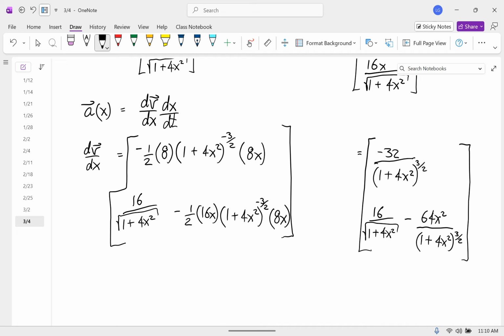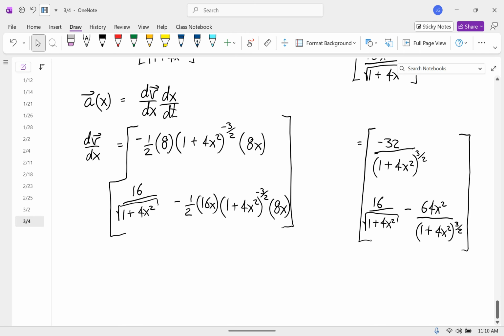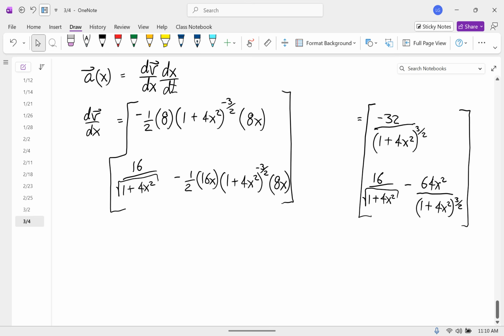How sure am I that that derivative is right? I would say 26% sure. And now we can plug this stuff in. So we want dv/dx evaluated at x equals 2. That's what the problem says.